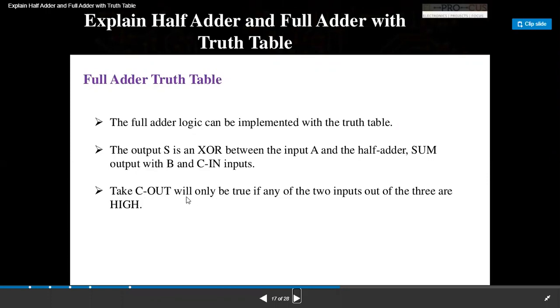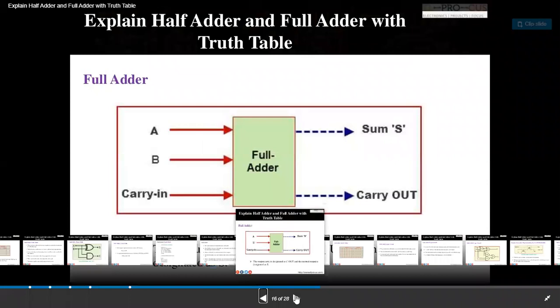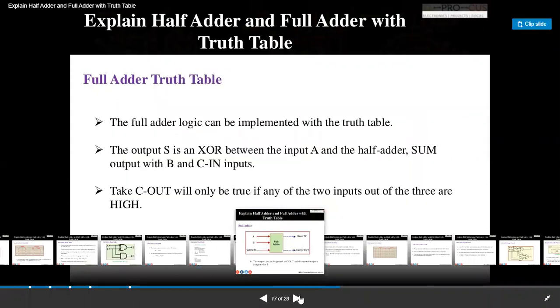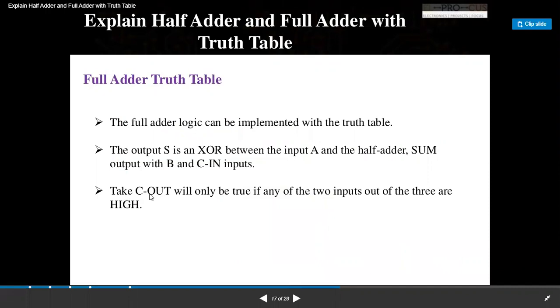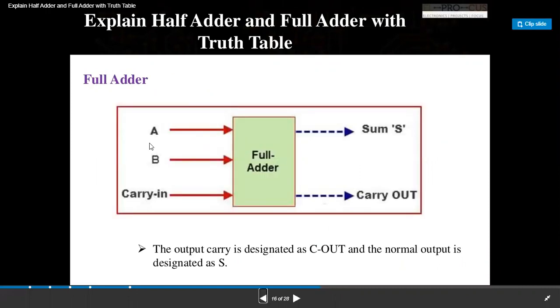C out will only be true if two inputs out of three are high. Here we have the three inputs A, B and C in. If any two of the three inputs are high, at that time the carry out is also high.